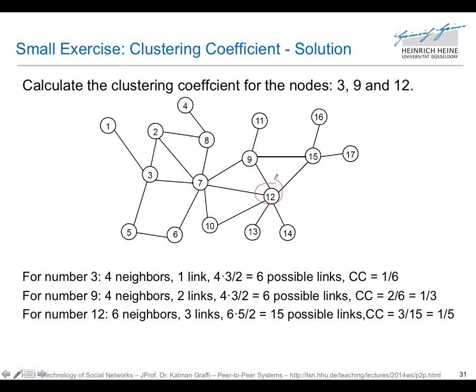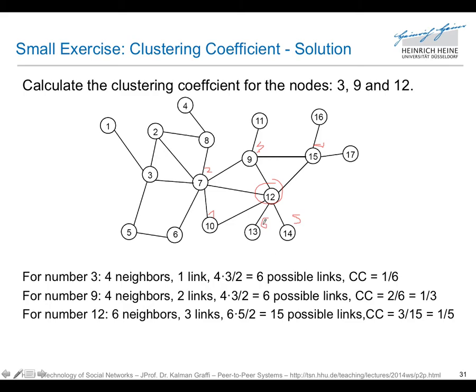So this is node 12, and he has 1, 2, 3, 4, 5, 6 neighbors, and the possible number of links between the 6 neighbors is always 6 times 5 divided by 2, because we consider only bidirectional links.